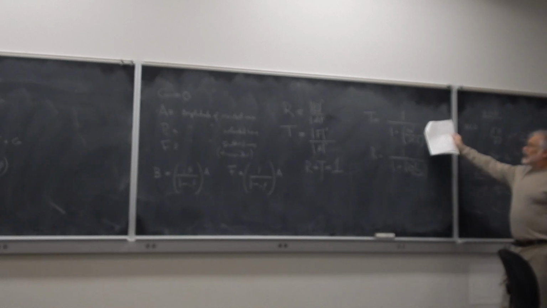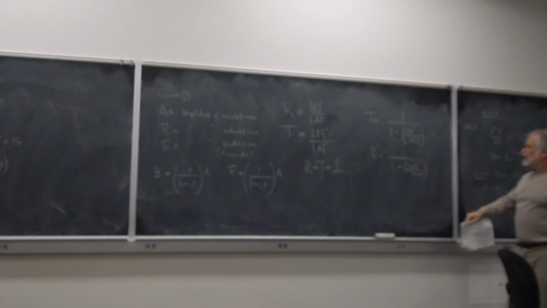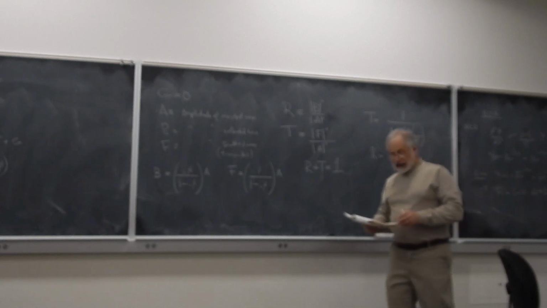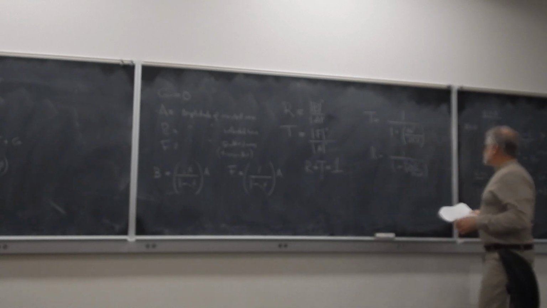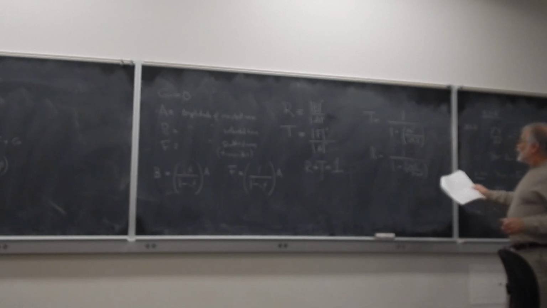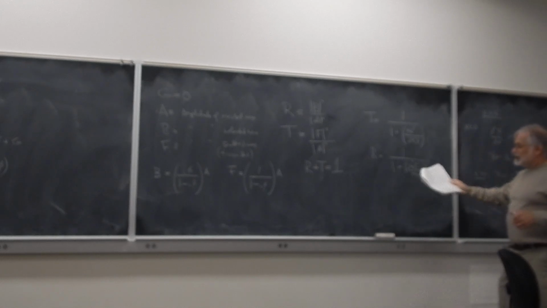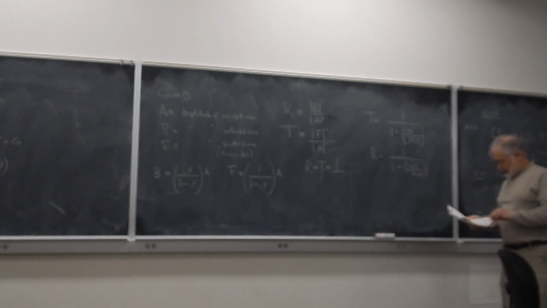So that is my transmission and reflection coefficient. By the way, you can check it. You add the two together, you should get 1. Notice as the energy gets larger, we see that the transmission coefficient should get larger and larger, and the reflection coefficient should get smaller and smaller, which is physical. That's what we would expect.